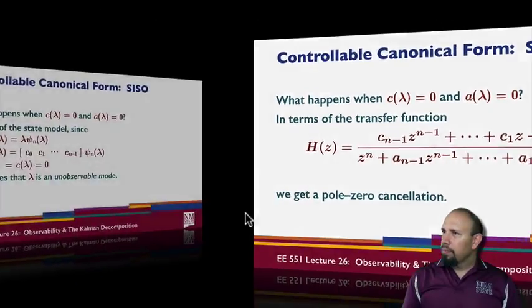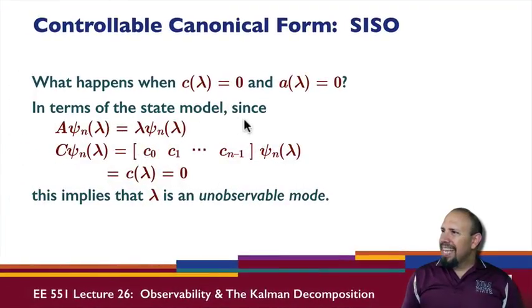Okay, so in terms of the state model, what's happening? Well, we know A times the vector is equal to lambda times the vector, and C times the vector is, in fact, C evaluated at lambda, which is 0. So what is this saying? This is saying that the vector, which is not 0, it doesn't matter what lambda is, is not 0, because that first element is 1.